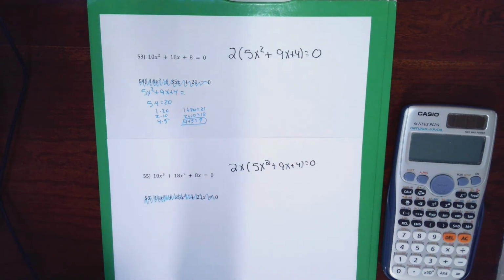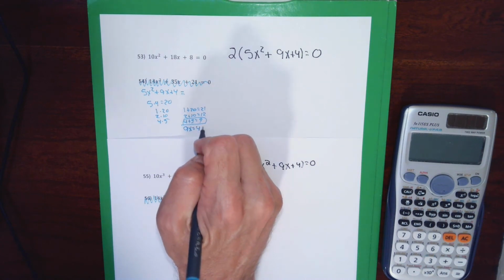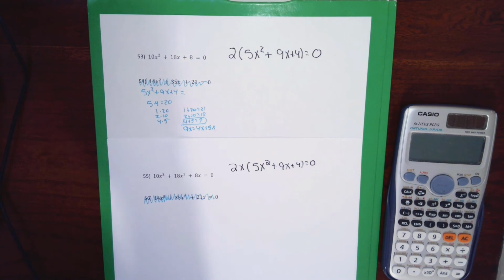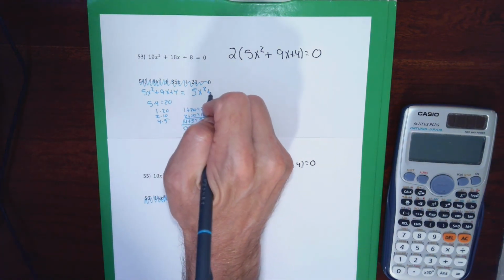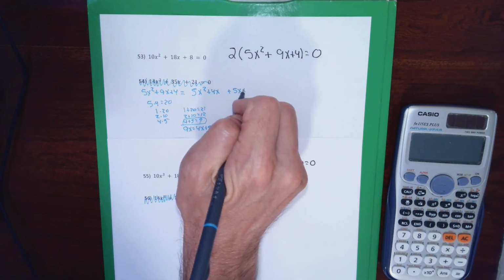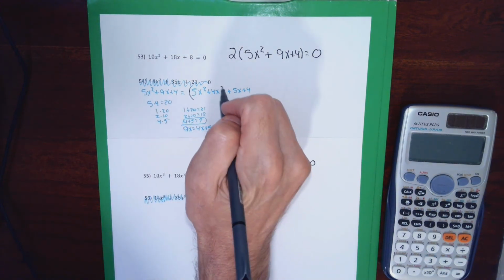I'm going to rewrite the 9x as 4x plus 5x, which will make this 5x squared plus 4x plus 5x plus 4. Insert my parentheses.